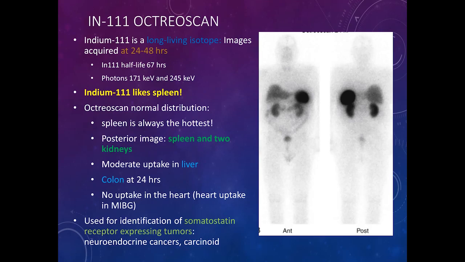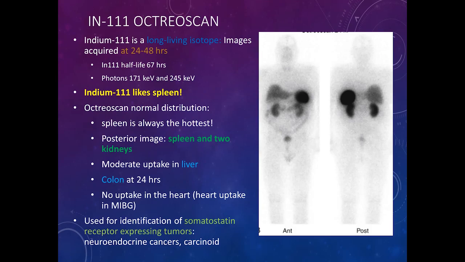And of course, normal uptake is again nasopharyngeal mucosa, and because it's a big molecule, it goes to the liver. You will have homogeneous moderate uptake in the liver. At 24 hours, you will see radiotracer in the colon, and it will be excreted in the urinary bladder with urine. It has an appearance very similar to MIBG and may be confused with MIBG, but MIBG usually will be in the heart, and OCTREOSCAN will not.